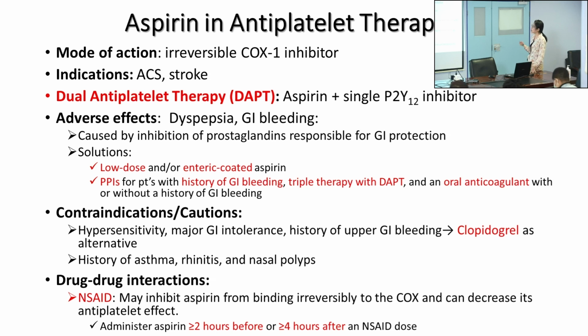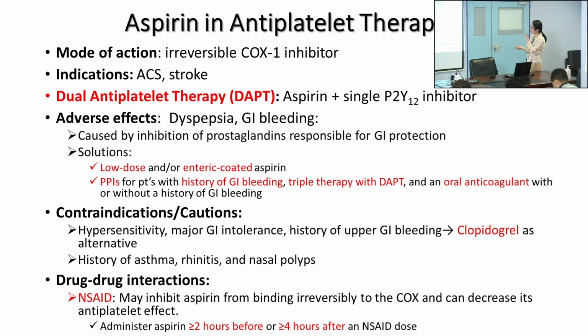And so in order to prevent such adverse effects, there are several approaches we can use. One is to use a lower dose, and the other is to use enteric-coated aspirin, which means that the dosage form is designed so that the active ingredient will not be released until the drug enters the intestine, so that it will pass the stomach and won't influence the stomach.